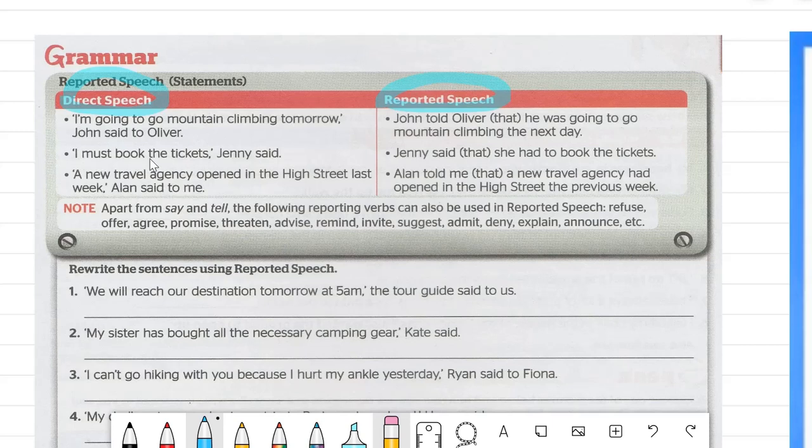"I must book the tickets," Jenny said. And the reported speech sounds like, Jenny said that she had to book the tickets. Number 3. "A new travel agency opened in the high street last week," Alan said to me. And the reported speech is, Alan told me that a new travel agency had opened in the high street the previous week.